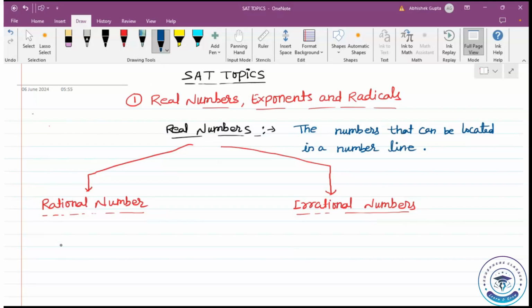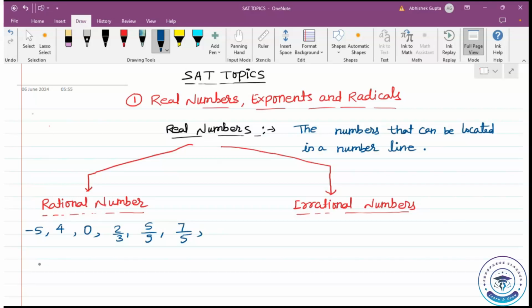If we give some examples of rational numbers, then any integer like -5, 4, 0, then any fraction like 2 over 3, 5 over 9, 7 over 5, that means any proper or improper fraction.